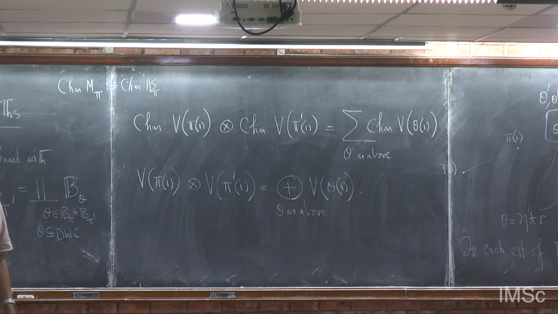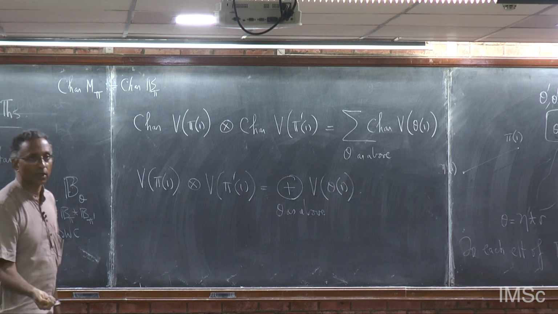But if the characters are equal, and the characters are linearly independent, that means S1 equals R1, S2 equals R2, etc., which were the multiplicities of the irreducible representations.